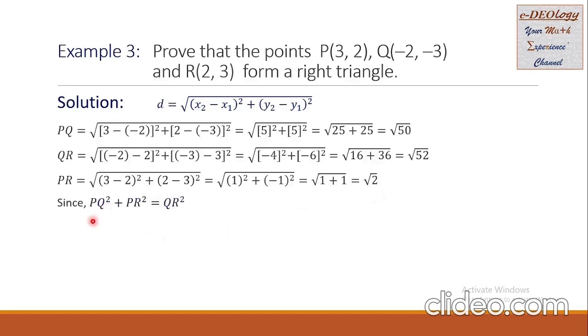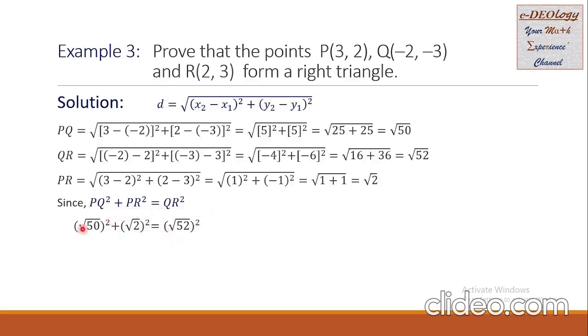Since the square of side PQ plus the square of side PR equals the square of side QR. To show this, we can substitute the corresponding values. So, square of PQ will be square of square root of 50 plus the square of PR will be the square of square root of 2 equals the square of side QR is the square of square root of 52.